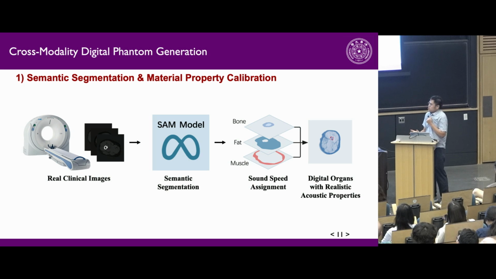We use a vision foundation model called Segment Anything to perform the segmentation. Then, based on the physiological research, we assign accurate sound speed properties to the bones, the fat, and the muscles. This gives us hundreds of digital organs, but it's not enough for modeling wave equations.